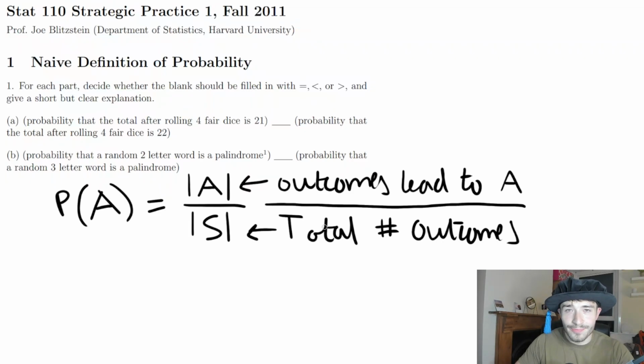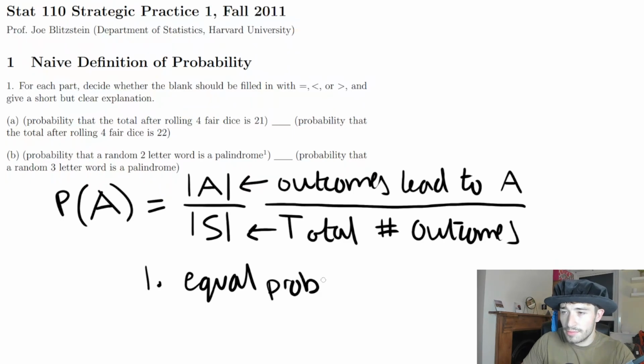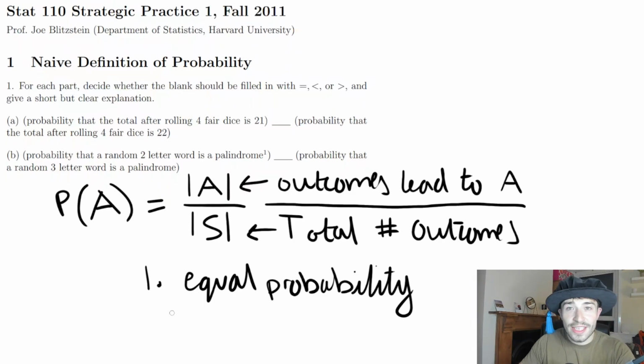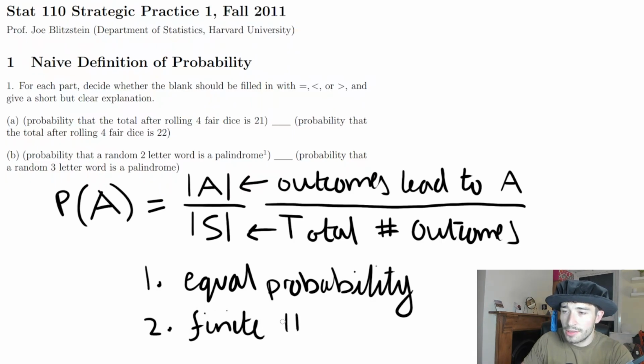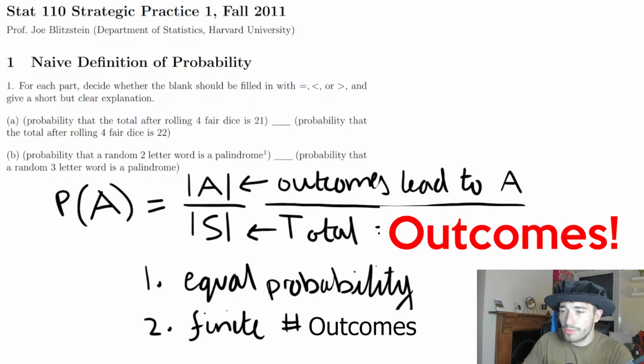So this is the basic idea, and it's based on two things. The first thing is that all the outcomes that are possible have equal probability. And the second thing is that there are a finite number of occurrences.